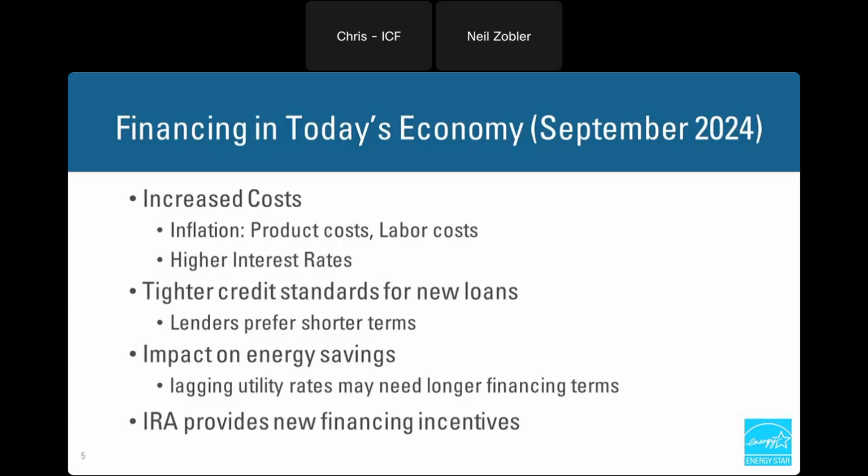So that's hamstringing things a little bit. And of course, the impact on energy savings, that lagging utility rates tend to require longer financing terms to make these projects work. So some of the IRA financing incentives that we're going to be talking about now can prove to be extremely valuable when you're looking at how you fund your energy efficiency or renewable energy project.